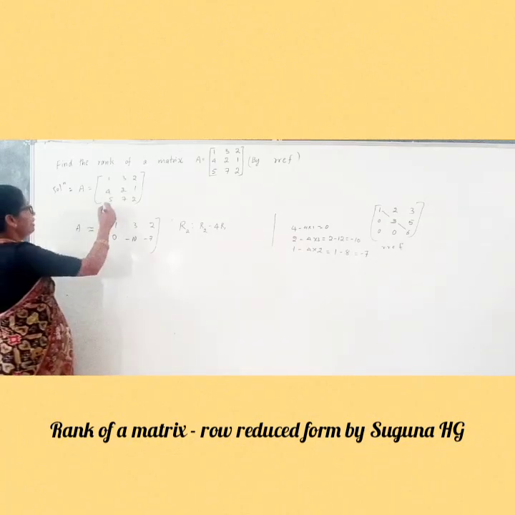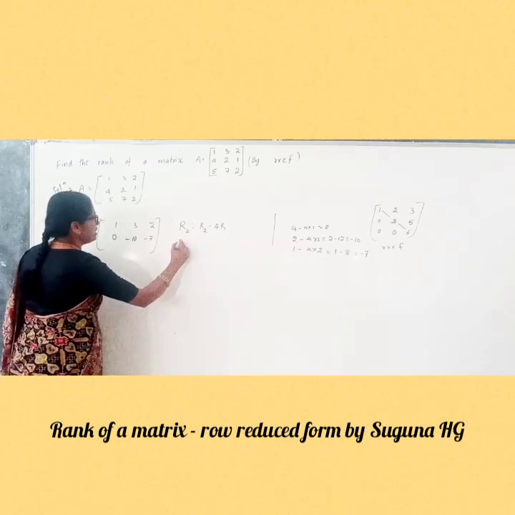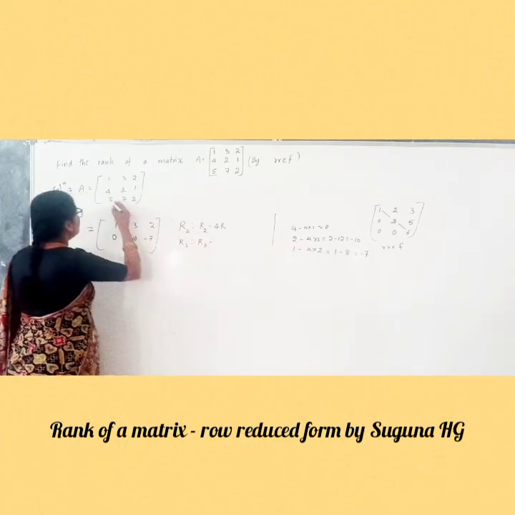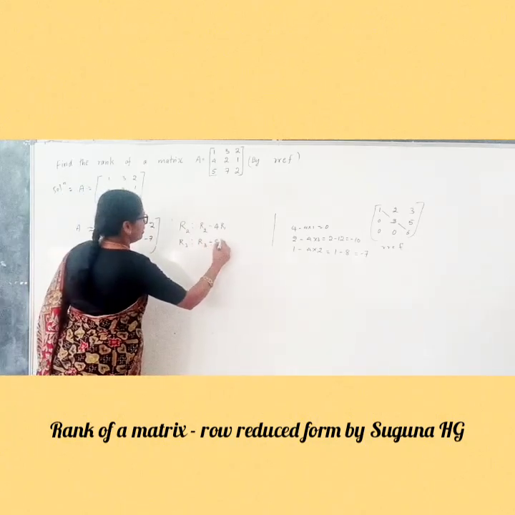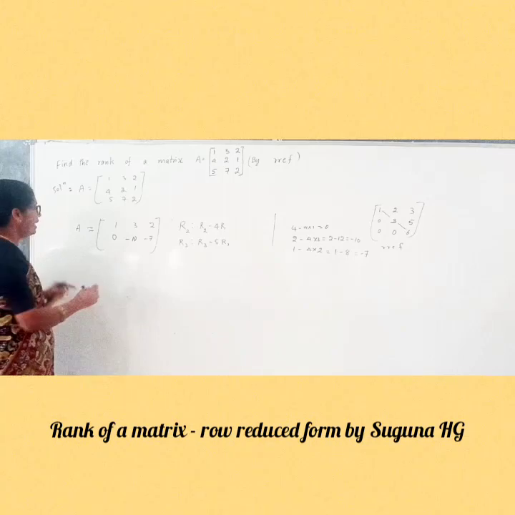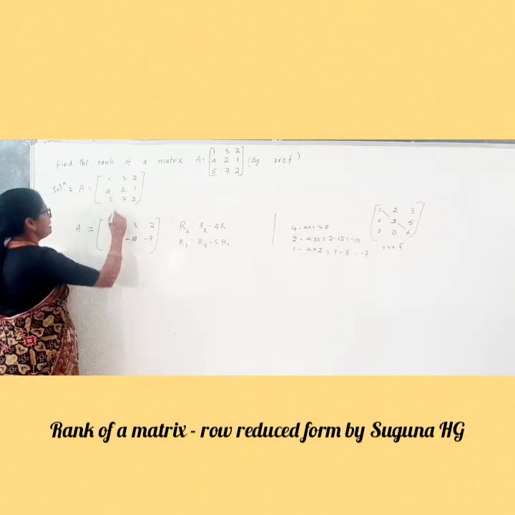Then the third row we will take. In the third row also we should make this 0. So to make this 0, let us have the operation R3 minus 5R1. See, first you have to operate with R1. Then 5 minus 5, the first element is 0.